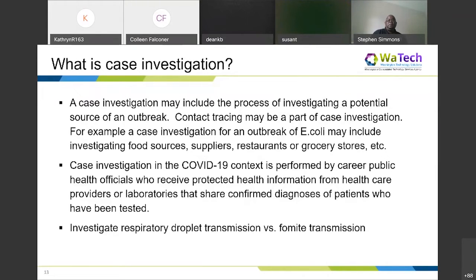And the most recent research that I've seen on this is that the virus is less likely to transmit through fomites, but it's not impossible. And so that's why there's so much emphasis, especially on hand washing and disinfecting, and being careful not to touch your eyes, nose, mouth, face in terms of transmitting the virus. However, the virus transmits mostly, through the research that's been done, through contact with individuals.